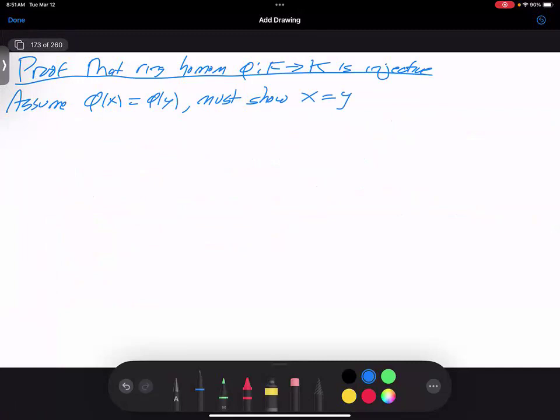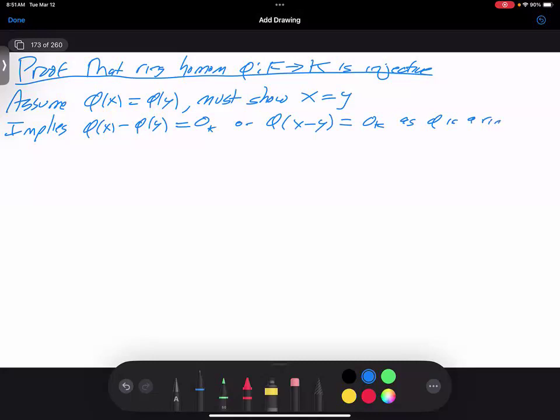So this implies phi of x minus phi of y equals 0, and that's the 0 in k, or phi of x minus y equals 0k, as phi is a ring homomorphism.